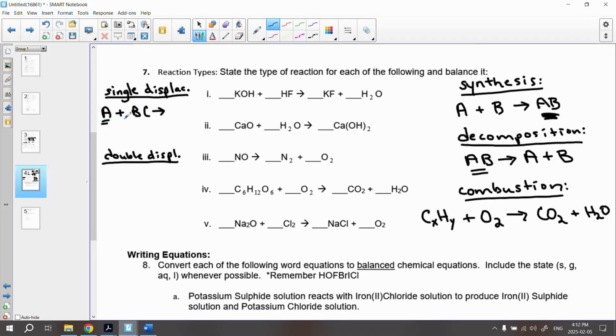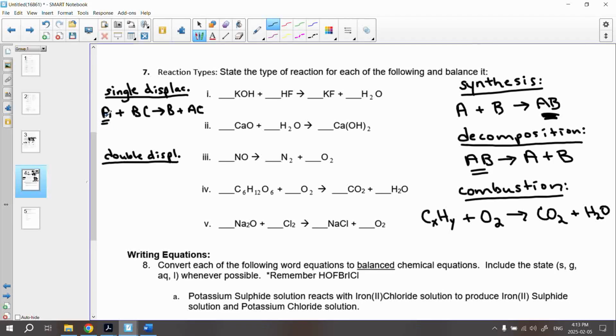So it's going to switch with what it's most similar to. So if A is a metal, it'll switch with a metal. So this is an ionic compound. It's always metal, non-metal. So if A is a metal, A will switch with B. So B goes by itself, and A and C make a compound. Okay?